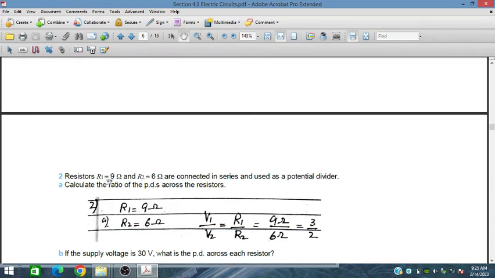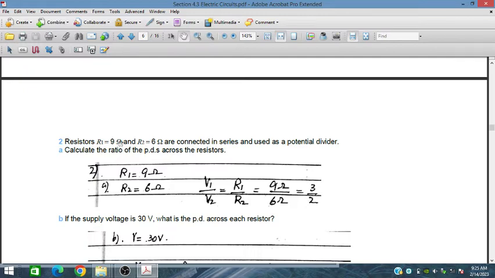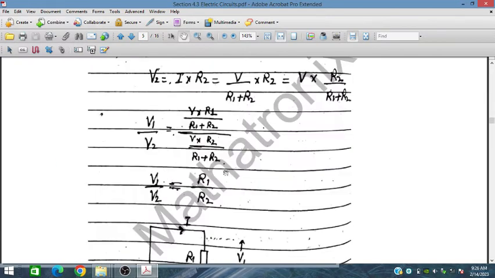Now question number 2. A resistor R1 equal to 9 ohms and R2 equal to 6 ohms are connected in series and used as a potential divider. Calculate the ratio of the potential difference across the resistors. We have already discussed this: by doing some simple derivations, we obtained V1 upon V2 is equal to R1 upon R2.